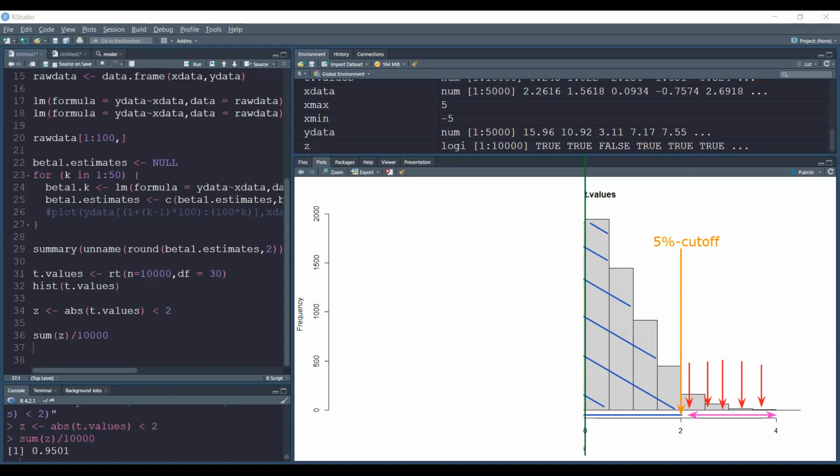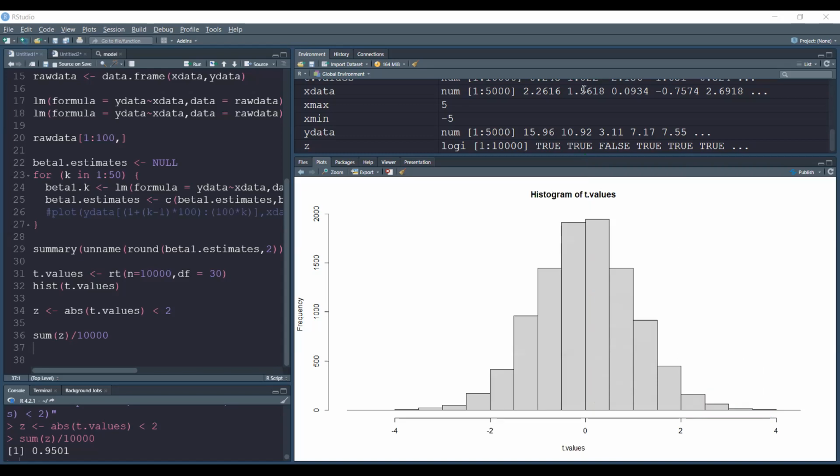So if you are under 2, you are 95% confident that the null hypothesis, should I say reflects reality? I'll just say that the data suggests or indicates that we have the null hypothesis. Beyond that, you reject the null hypothesis. And that's probably the best I can do over here.